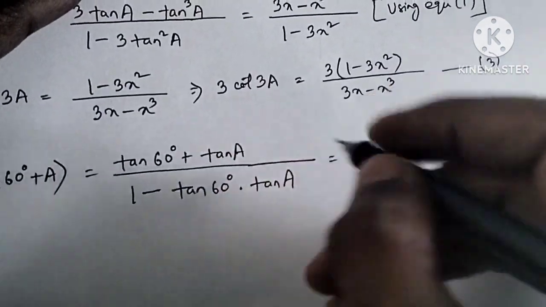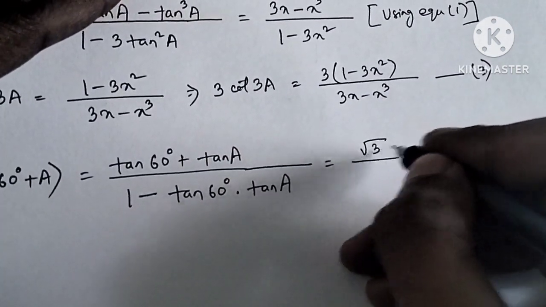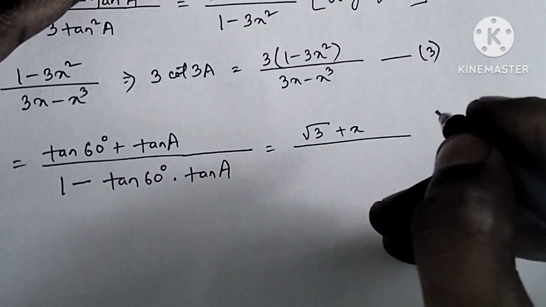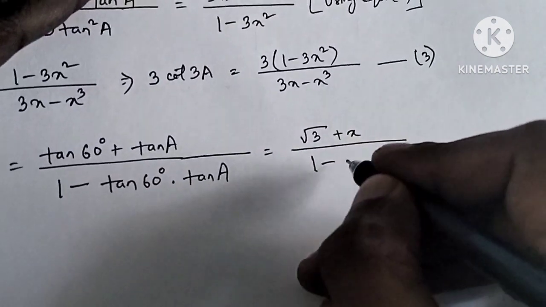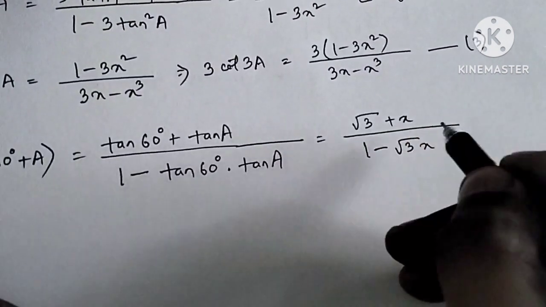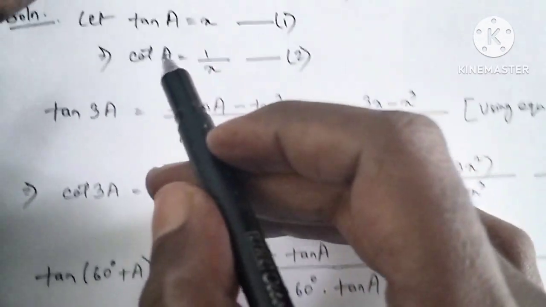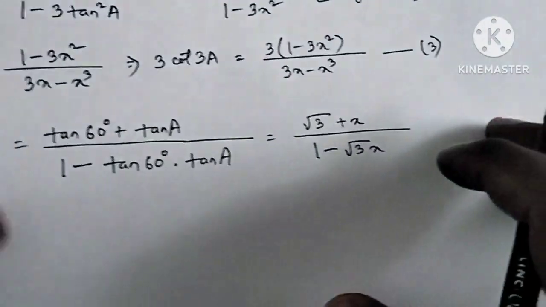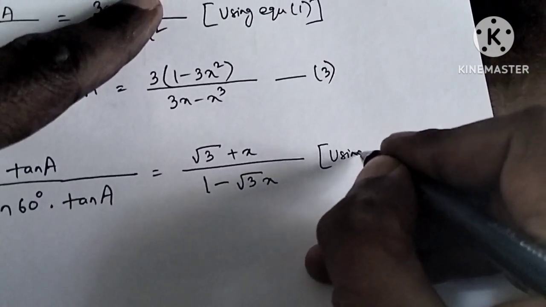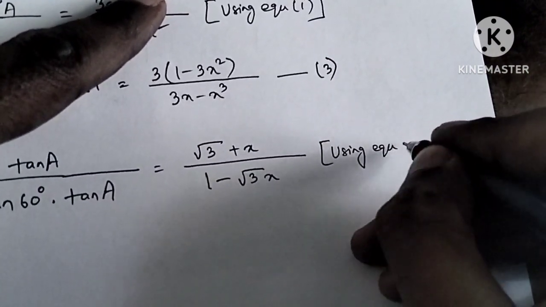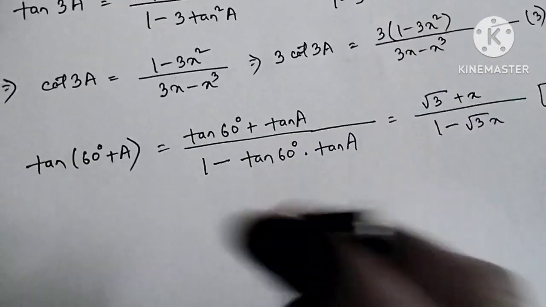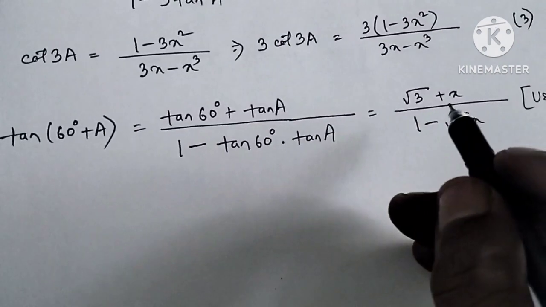Root 3. So (root 3 plus x) by (1 minus root 3x). Again we got this value x using equation 1. So this is tan (60 degree plus A).